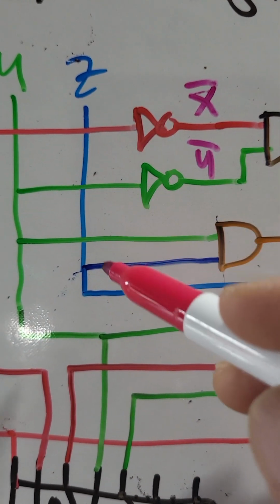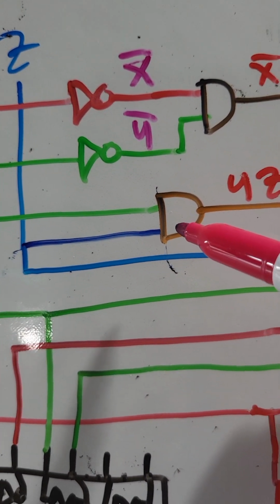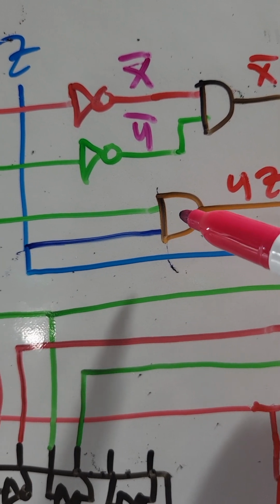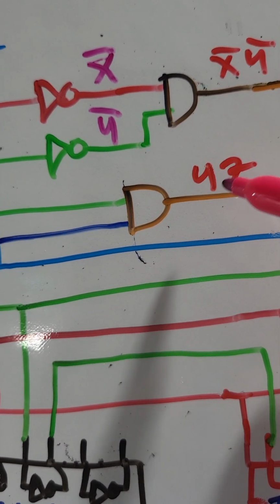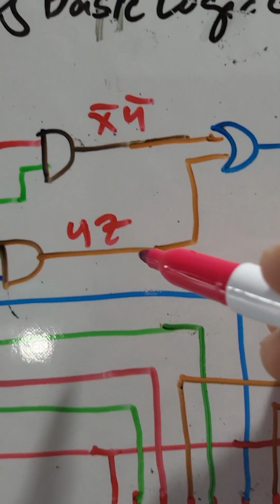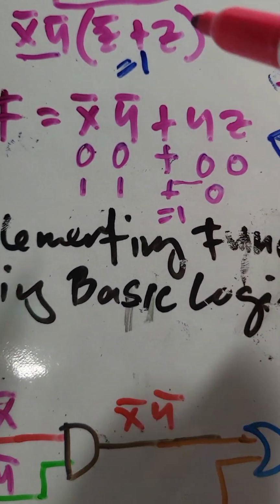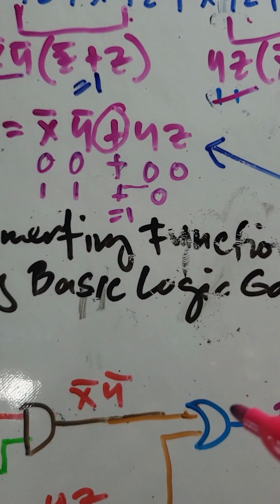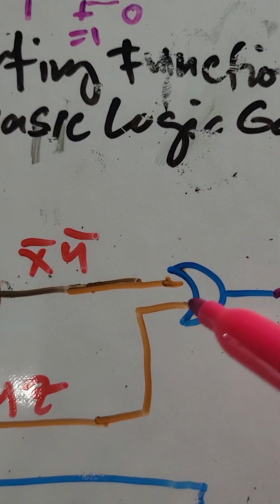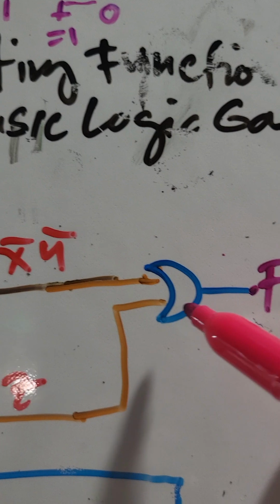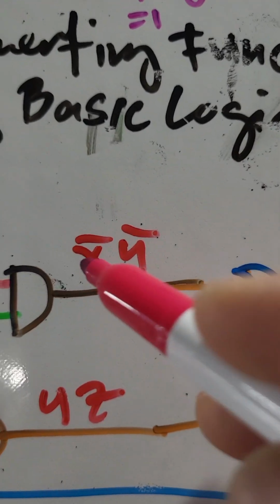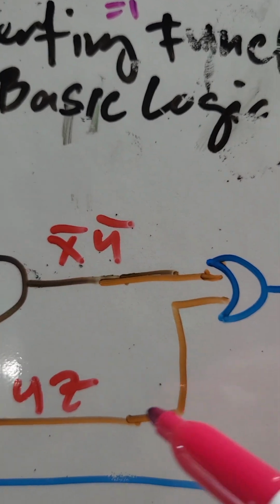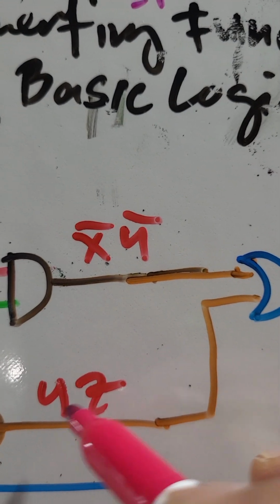Then z. Another input of this gate. Then the output is yz. Then, since this is plus, that is an OR gate. So this is the drawing of our OR gate. So x bar, y bar plus yz.